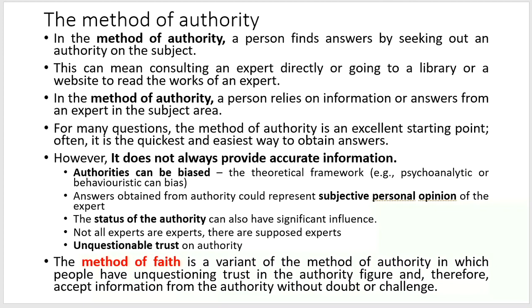But it is likely that what was said by Eysenck may be his personal opinion or personal view on the given matter. But the status of the authority was such that we are forced to believe that what is being said is correct. For example, what I am saying about these methods of knowing, being your teacher and you considering me as an authority, you will believe that what the sir is saying is correct.